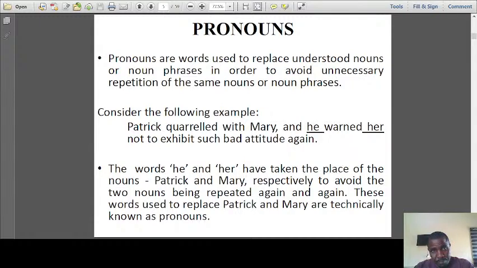Of the minor parts of speech we stated last week, the minor parts of speech are the pronoun, number 1, conjunction, number 2, preposition, number 3, and finally determinants.